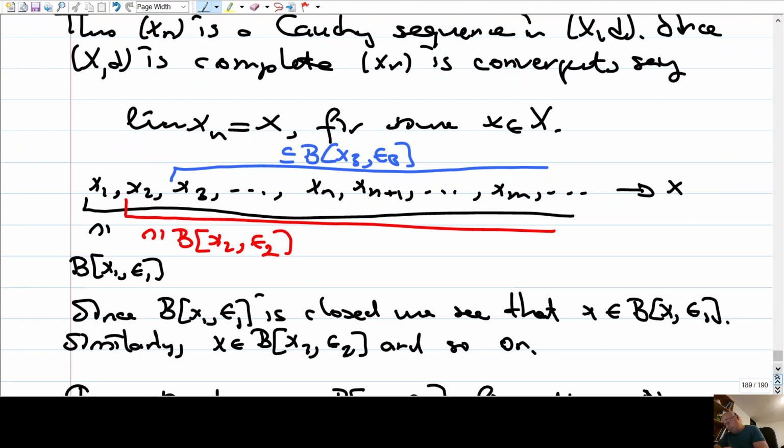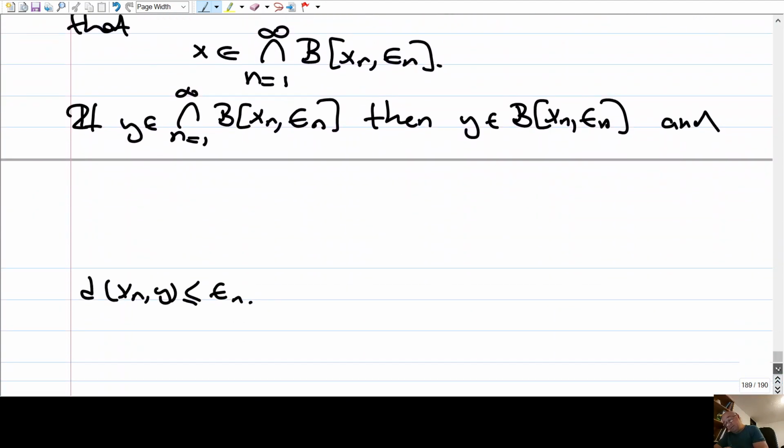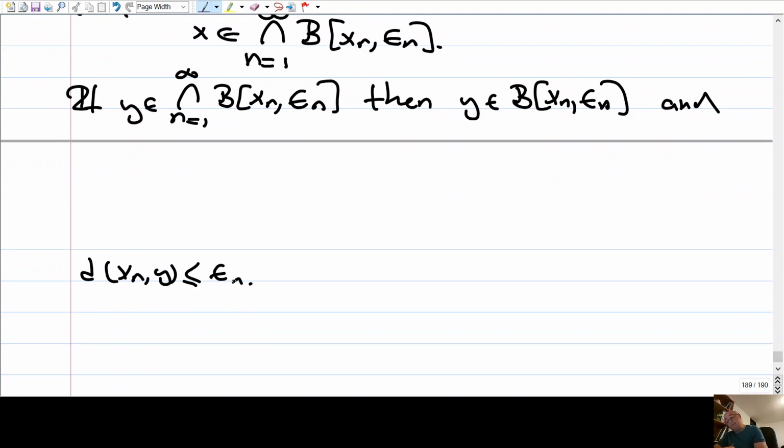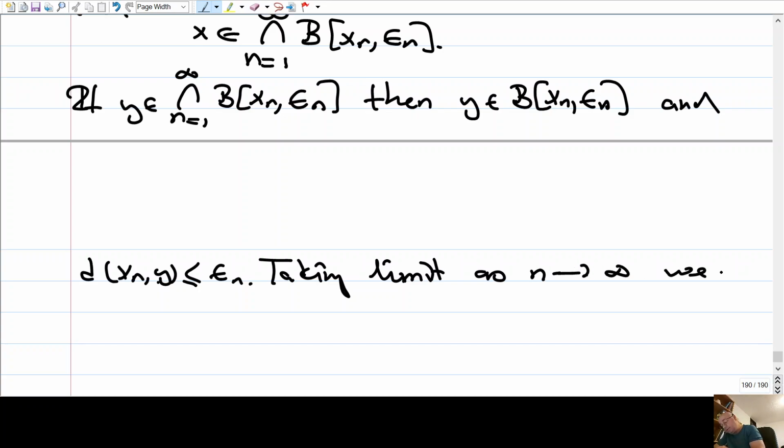But this implies, so taking the limit as n goes to infinity, we see that, when we keep y fixed, this becomes a continuous function of the first variable, which is x.